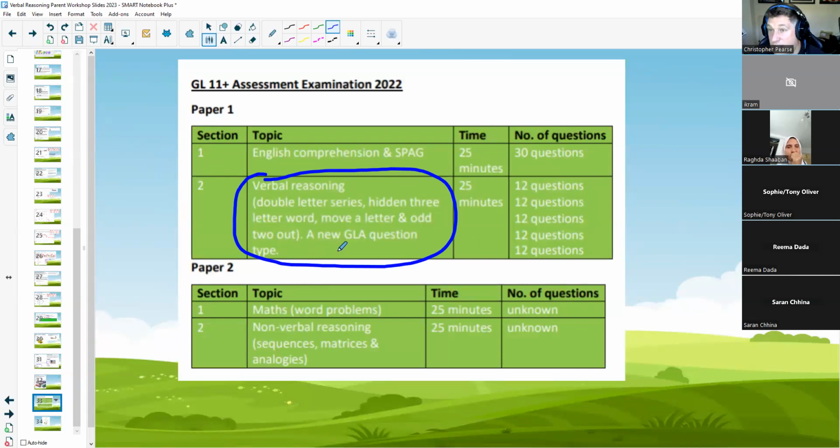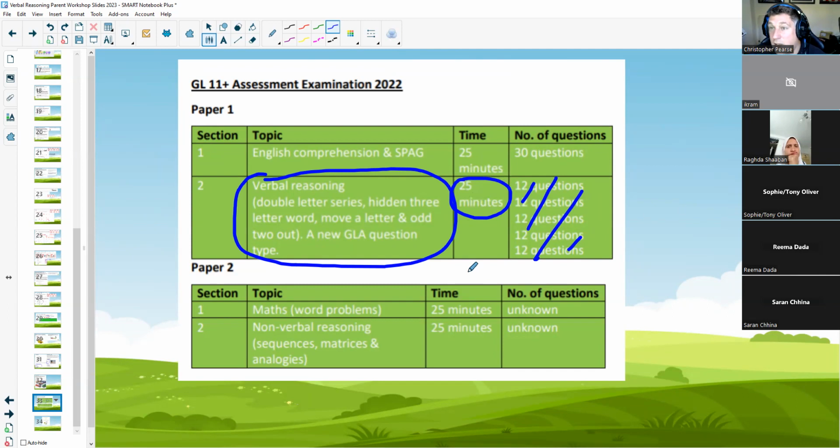That isn't a definitive list. Of course, as we said earlier, there would be about 10 to 12 different types of questions that would appear. But the interesting thing here is the length of the verbal reasoning section. Ignore the number of questions, that was applicable just to that year. We don't believe that's something they've repeated. But it gives you an idea.